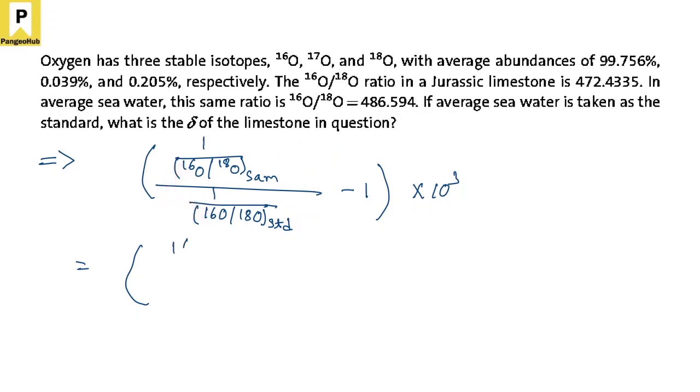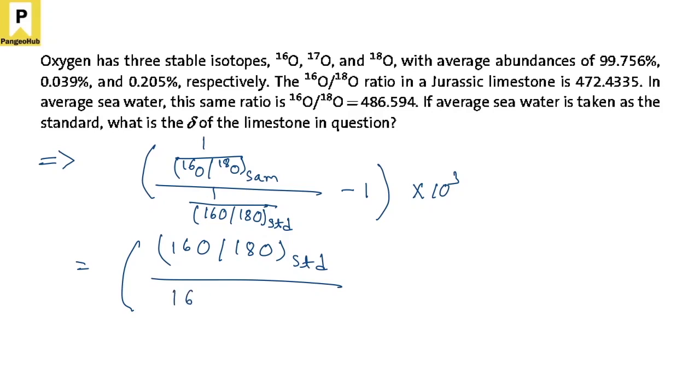So it will become 16O by 18O of the standard divided by 16O by 18O of the sample, minus 1, into 10 to the power 3.